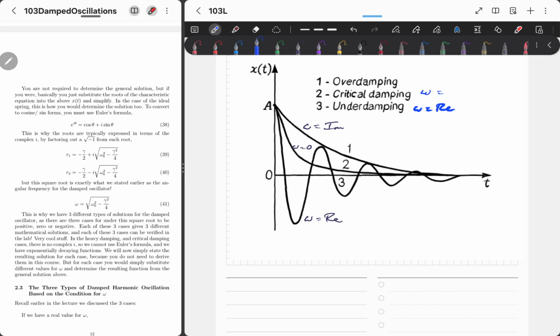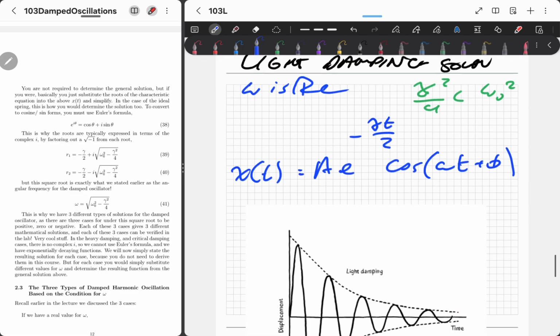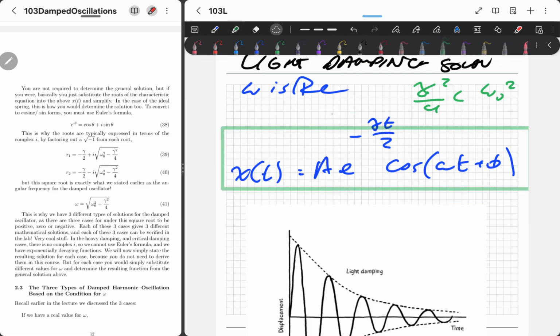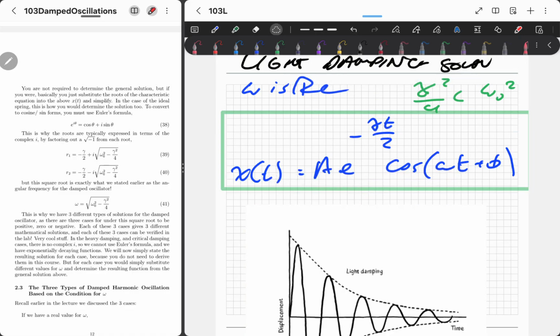Let's start with light damping. For light damping, we have A, the initial amplitude, times a decaying exponential, times the cosine function. So the amplitude of the cosine function is a decaying exponential. That's what those dotted lines are. That tells us that the maximum amplitude decreases as a function of time.